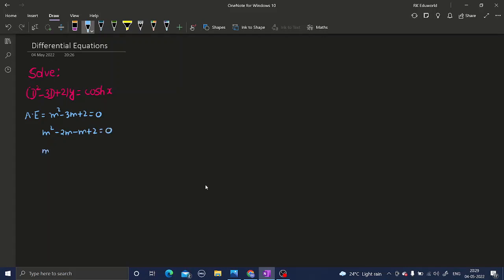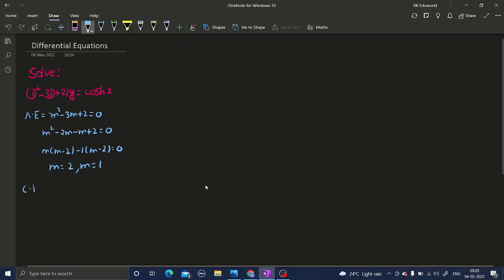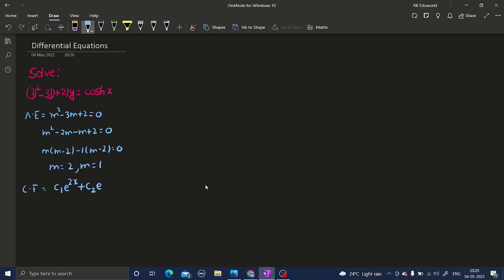So (m minus 2)(m minus 1) equals 0. So m equals 2 and m equals 1. So I can easily write my complementary function as c1 e power first root into x plus c2 e power second root into x. I am done with my complementary function.